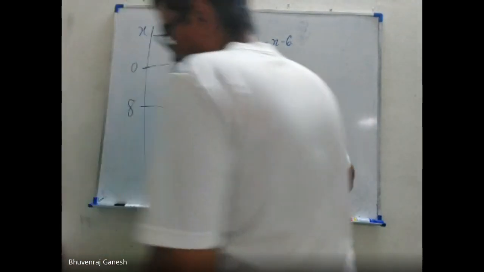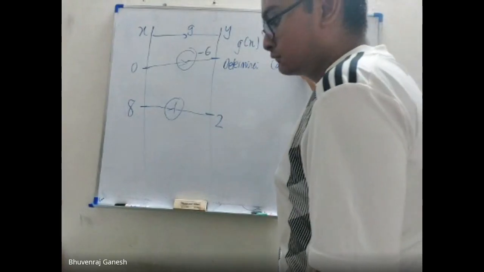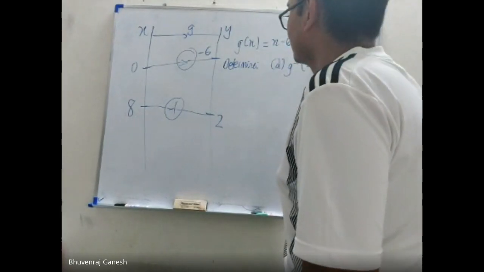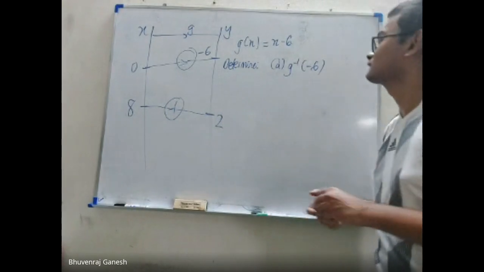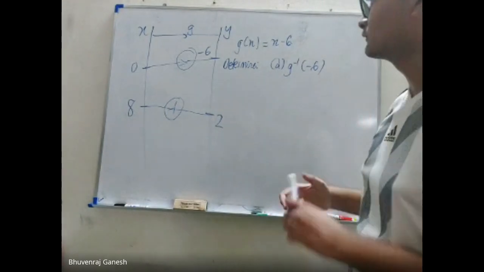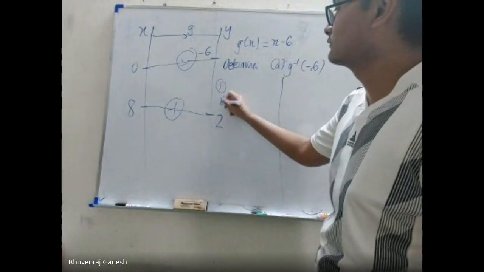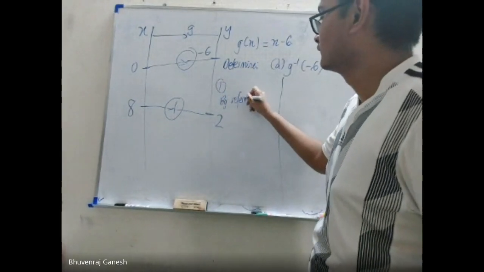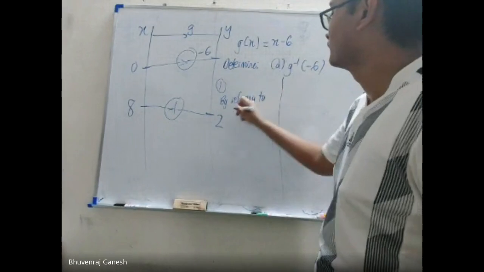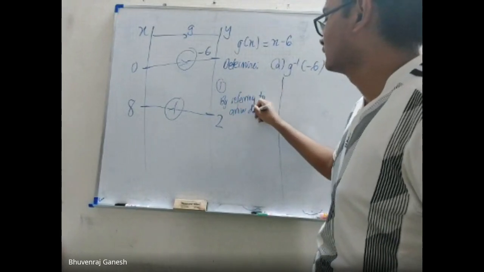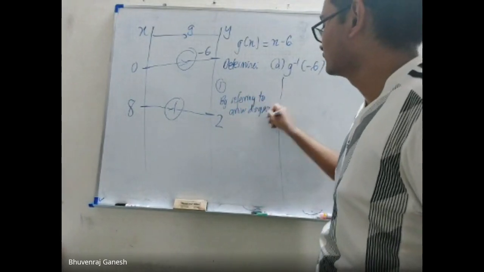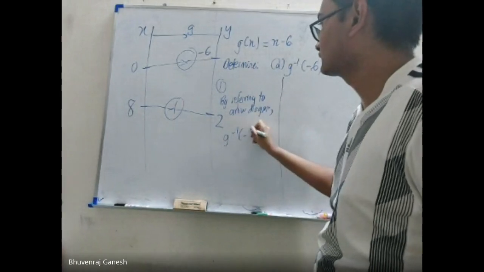Determine, the first one is g inverse of negative 6. You can use two ways here actually. First, you can just refer to the arrow diagram. g inverse of negative 6 is 0.